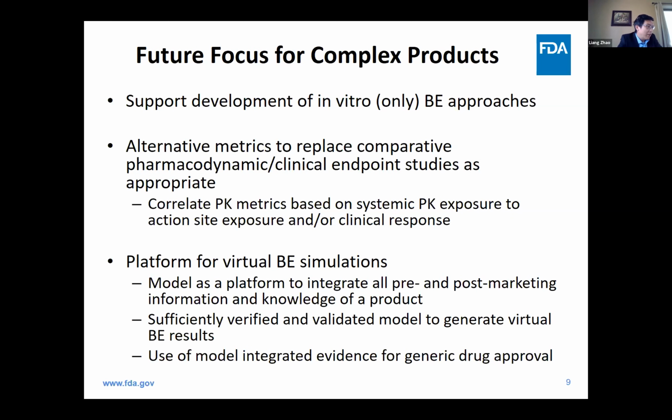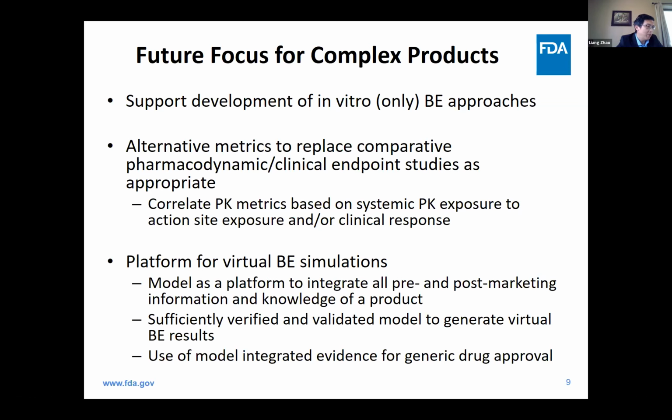We should also work together more on building platforms for virtual simulations. I think that's going to represent the future in the modeling field, how to conduct virtual studies, virtual clinical trials. Certainly, having said that, sufficient model verification and validation will be the key to assess the regulatory impact of a model.